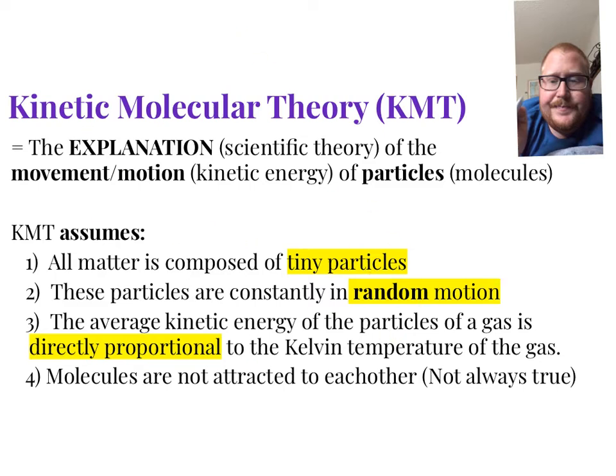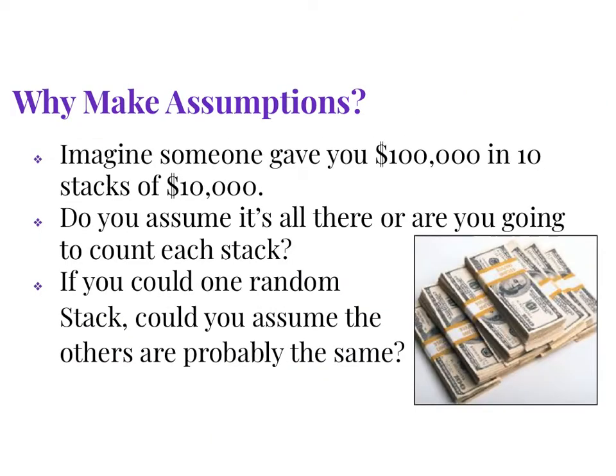And finally, the fourth thing says the molecules are not attracted to each other. And this is not completely true, but it simplifies the model to make it easier. So between these two molecules there's no push or pull. It really depends on the molecule, but for now we're going to say there's no force of attraction between them.